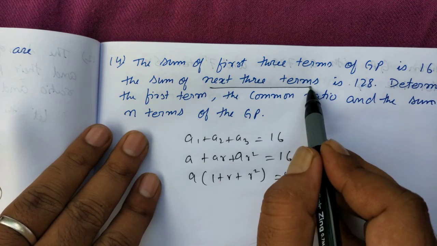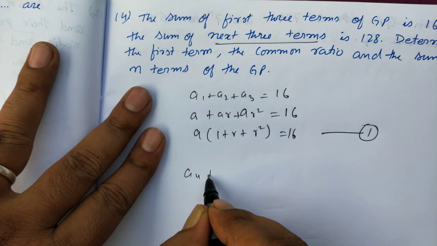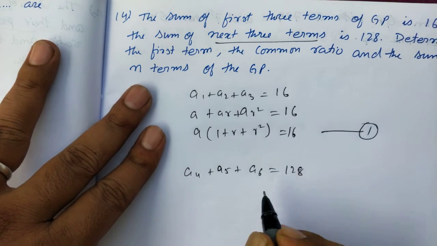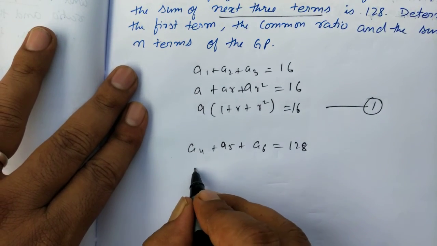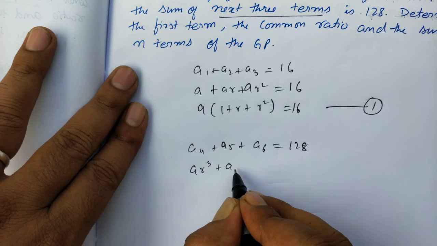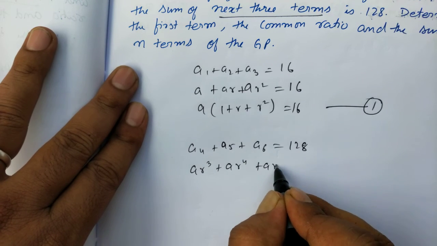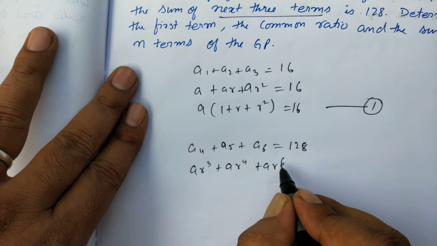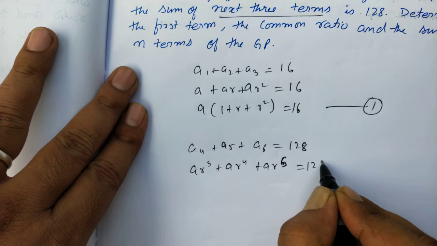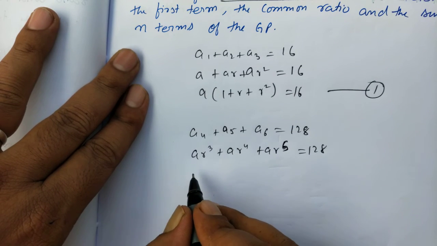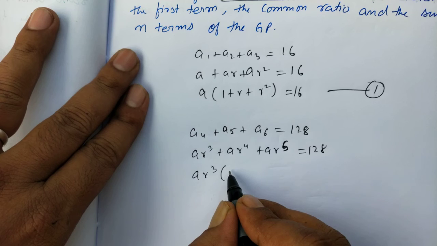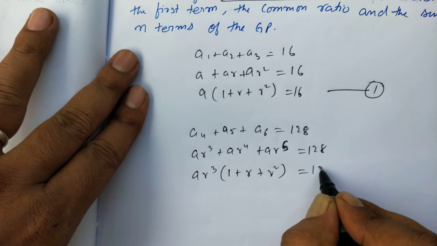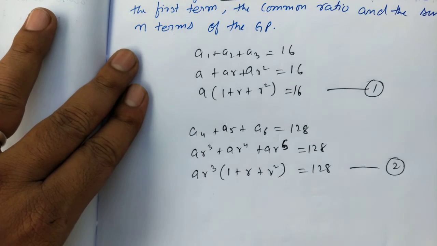And the next 3 terms, a4 plus a5 plus a6, is given as 128. So a4 means ar cube, a5 means ar^4, and a6 ar^5, equals 128. Take ar cube common, you'll get ar cube times 1 plus r plus r square equals 128. Make this equation 2.